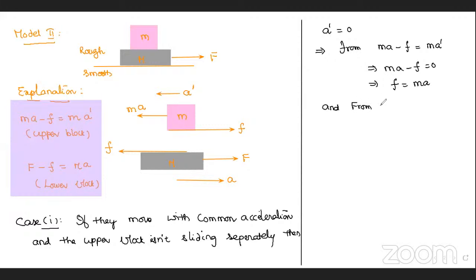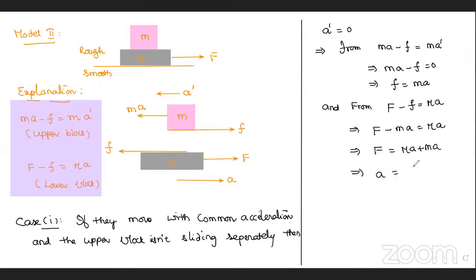Okay, right. So from F minus F is equal to capital MA, in place of F, I write MA is equal to capital MA. That implies F is equal to MA plus MA.